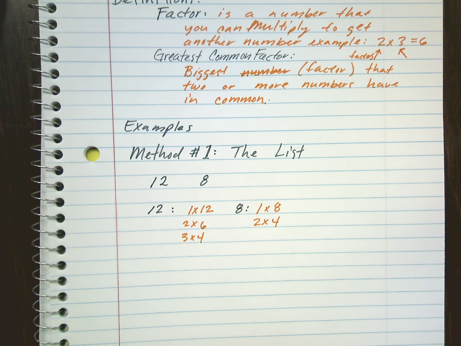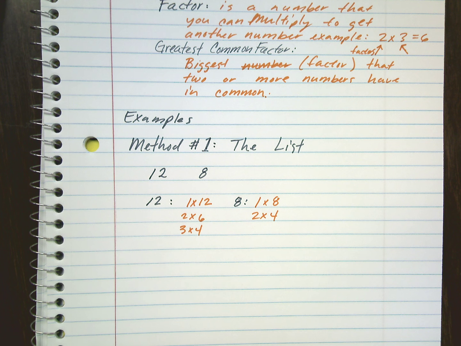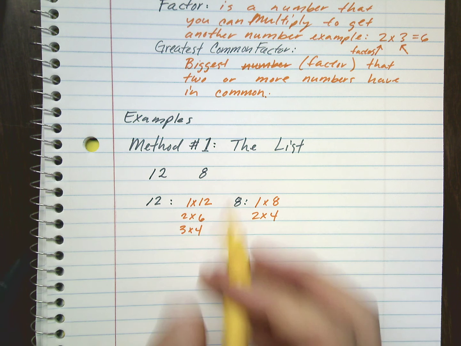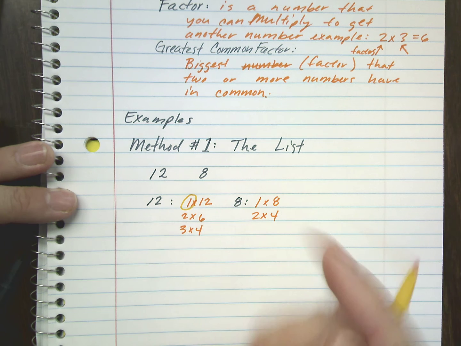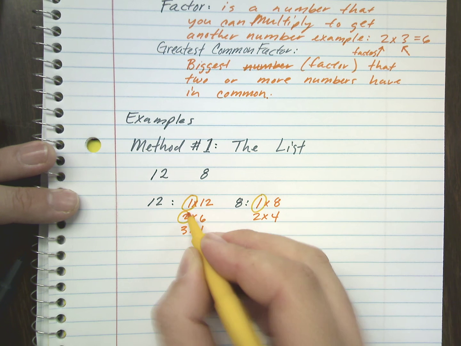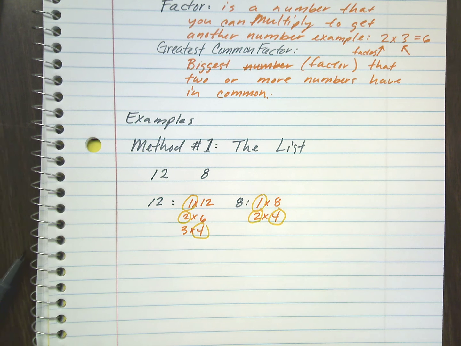All right, so here is a very simple way to find it. I'm going to look for numbers here that are factors that are common, and I'm going to circle them. A common factor is 1, so I'm going to circle 1 on both of them. 2 is also a common factor. They also have 4 in common.